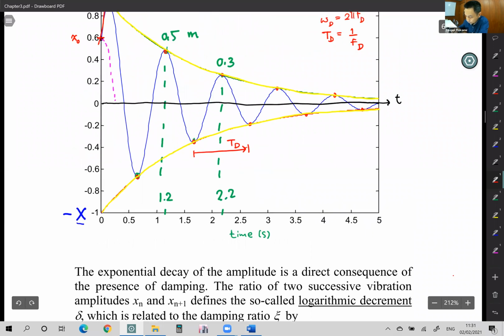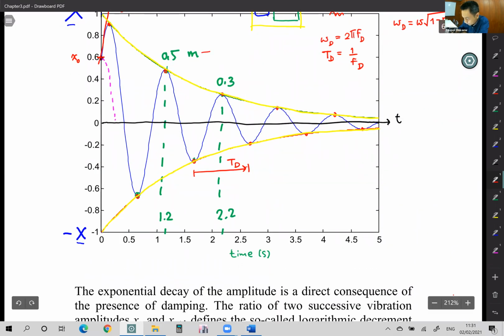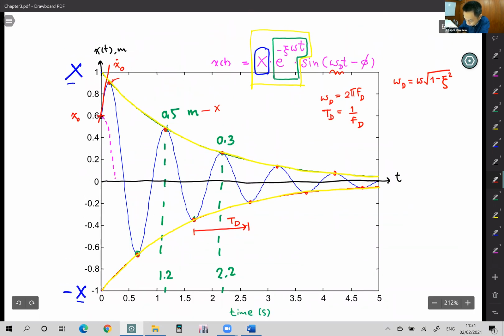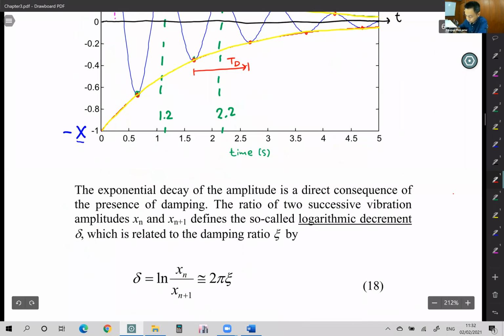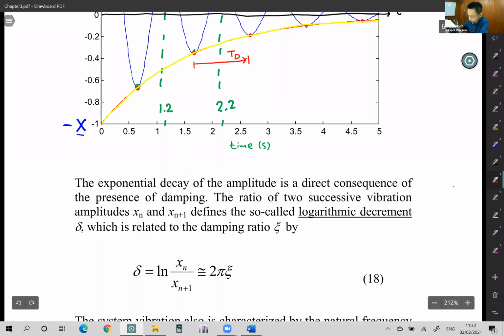If this one I say is amplitude number 1, maybe I define this as the amplitude x1, the big x1. This is the big x2. This is maybe the big amplitude x number 3, right? You just take the amplitude of x and find the ratio between x number 3 over x number 2, or x number 2 over x number 3, sorry.